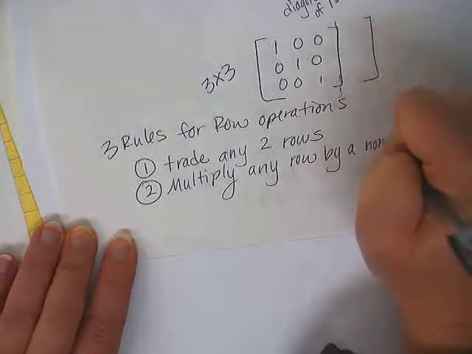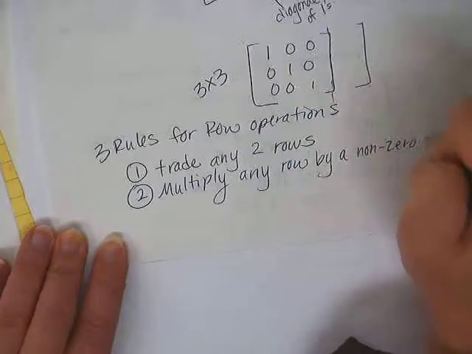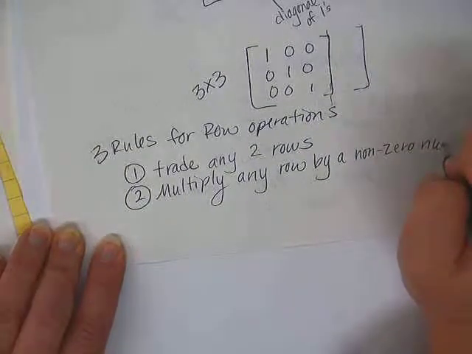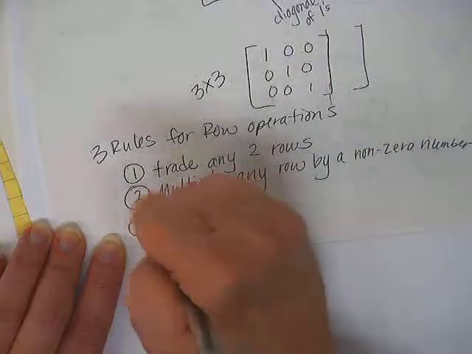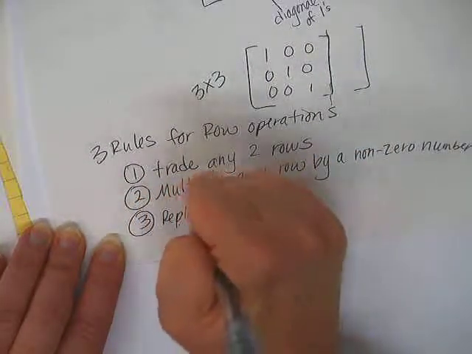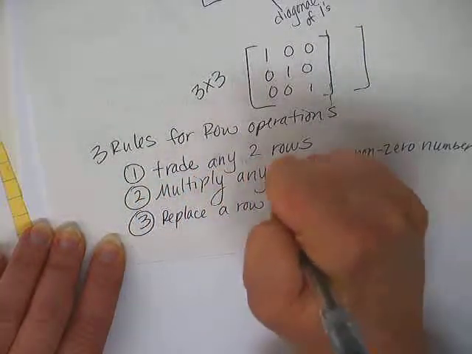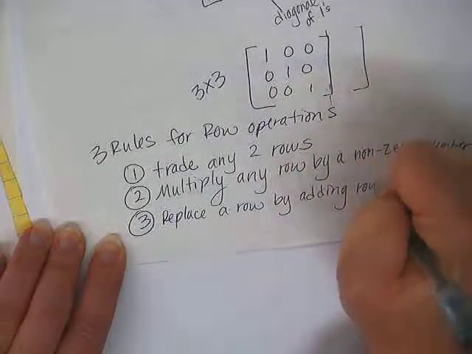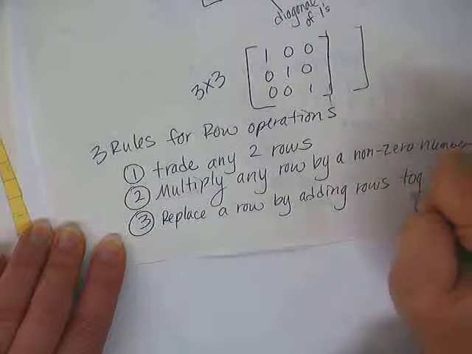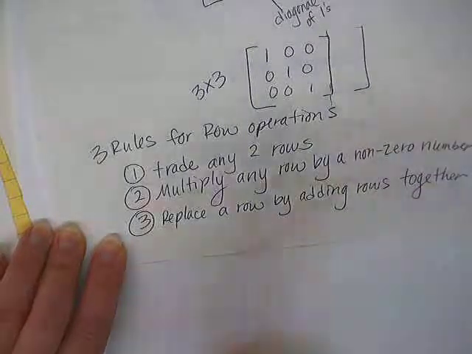You can multiply any row by a non-zero number. And you can replace a row by adding rows together.